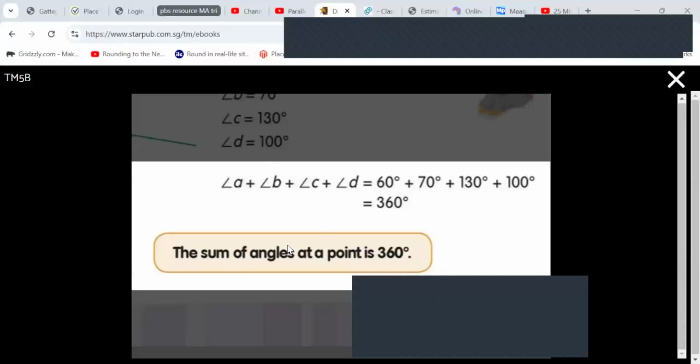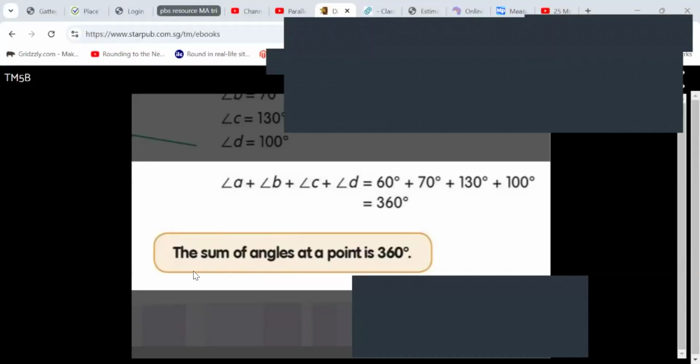I'm writing it down here. One of our textbook says this property: the sum of angles at a point is 360. And this is the sentence I wrote down. The sum of angles at a point is 360.